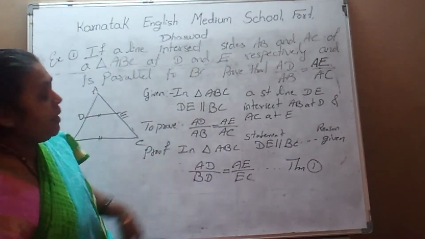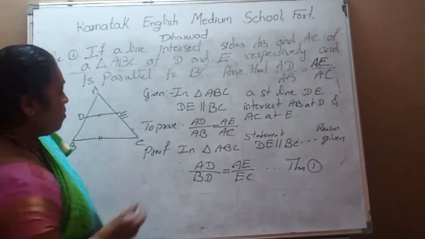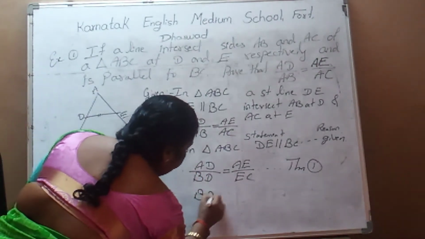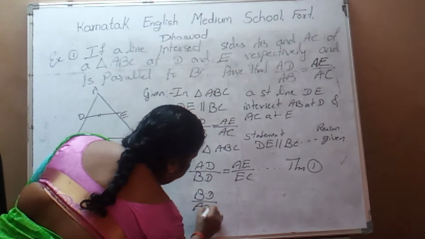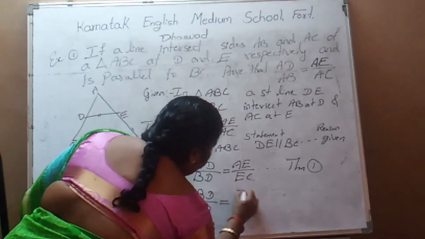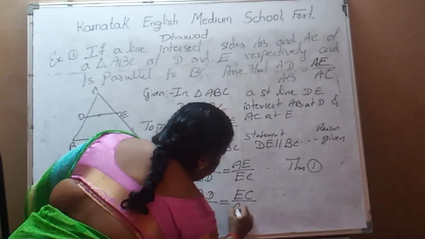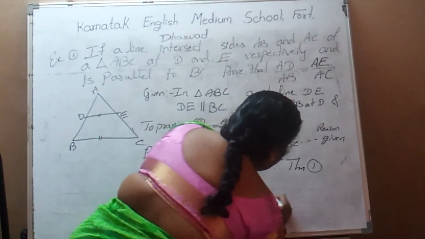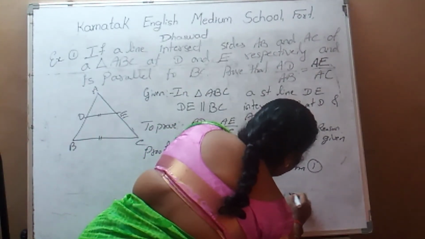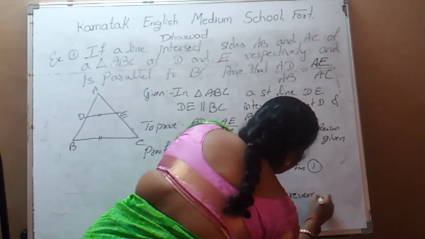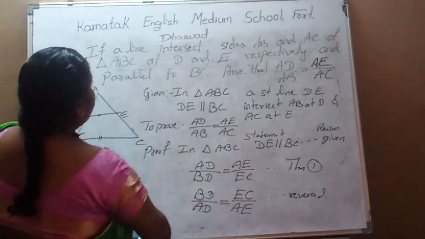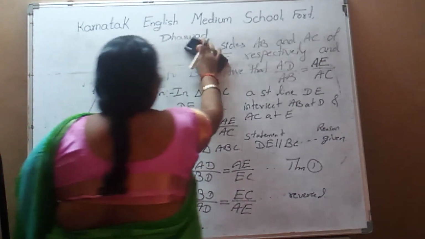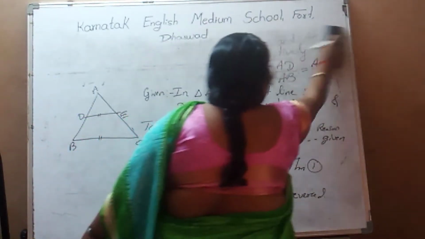You reverse it and write: BD divided by AD equal to EC divided by AE. You reversed this. So, shall I rub this example question? And the given also I will rub.